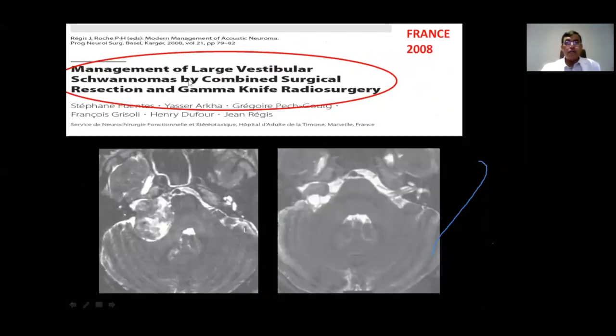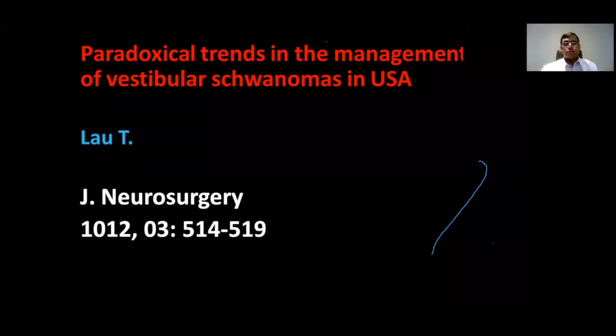Combined surgical resection and gamma knife radiosurgery. Again, for goodness sake, how would you give radiation to this kind of compression on the brainstem? Take some part and give radiation to the rest. So there are paradoxical trends in the management of vestibular schwannomas in the USA.